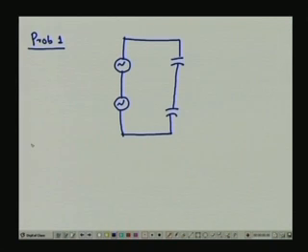Rather I should first draw this. I have a differential capacitor like this one.